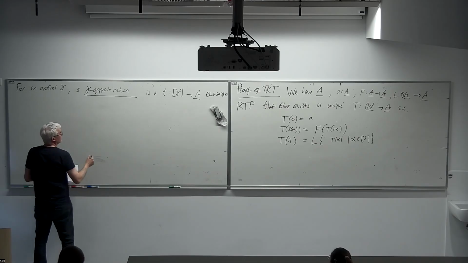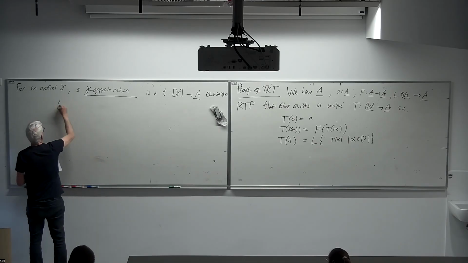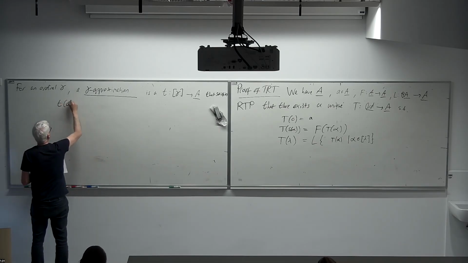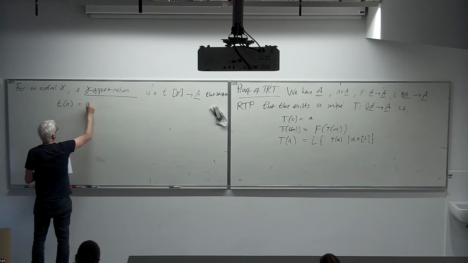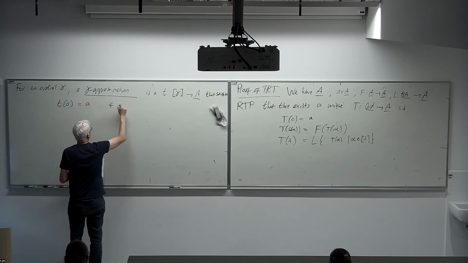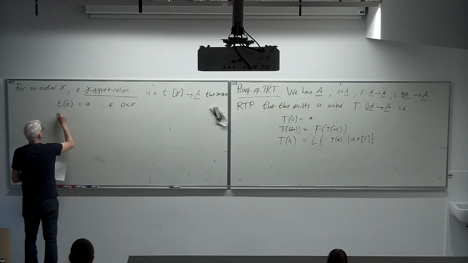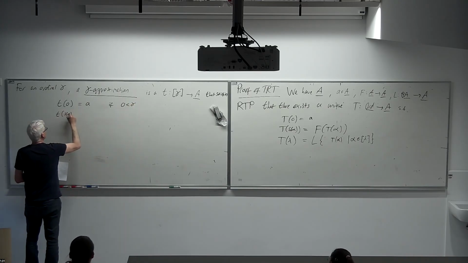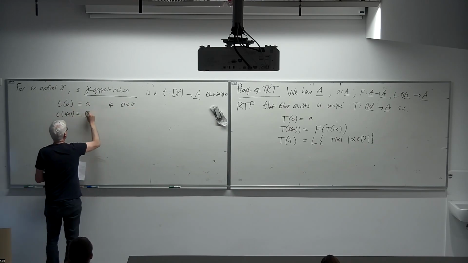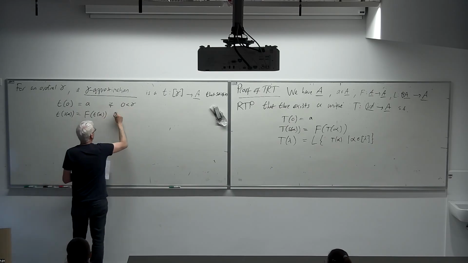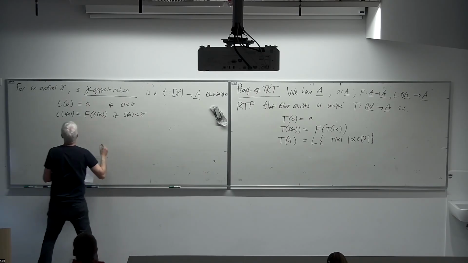So little t of 0 is equal to A if 0 is less than gamma. t of the successor of alpha is F of t of alpha if the successor of alpha is less than gamma.